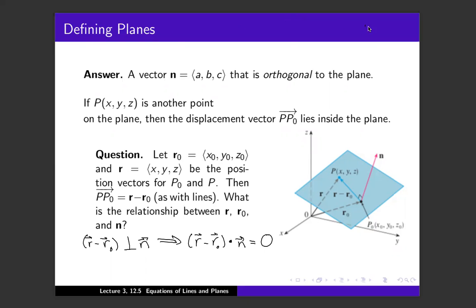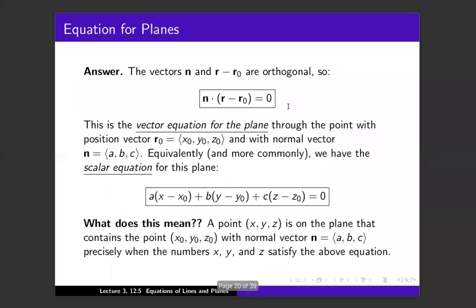Okay, now that's very helpful for us. So they're orthogonal. Now, if you unpack all that, r minus r naught is just x minus x naught, y minus y naught, z minus z naught. So if you unpack all that, you get what's called the scalar equation: a times x minus x naught plus b times y minus y naught plus c times z minus z naught, that's all equal to 0. What does that tell us?